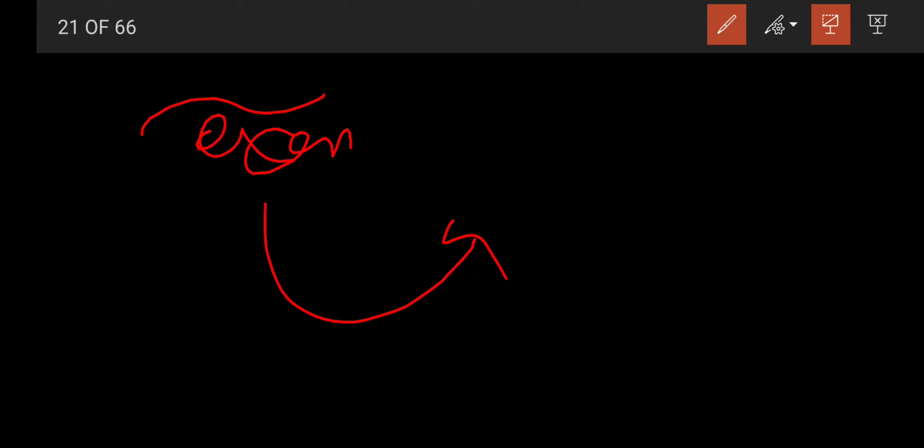So what was exon? When exon is again reverse transcribed to DNA, remember this, as this exon is smaller than the previous pre-processed RNA.